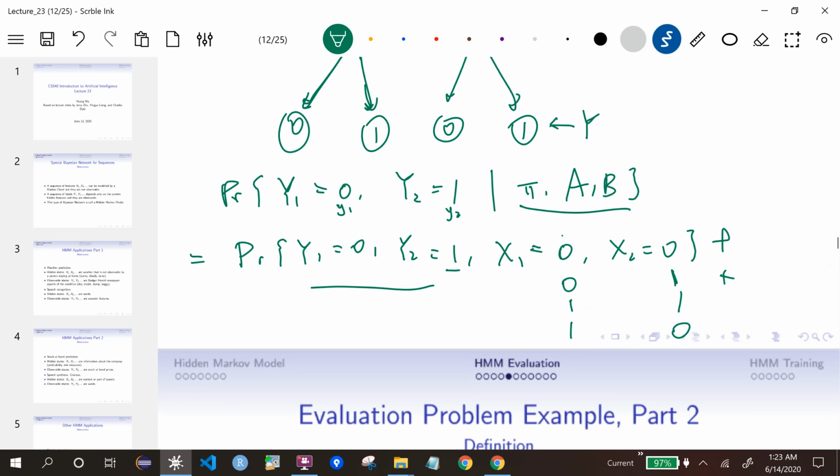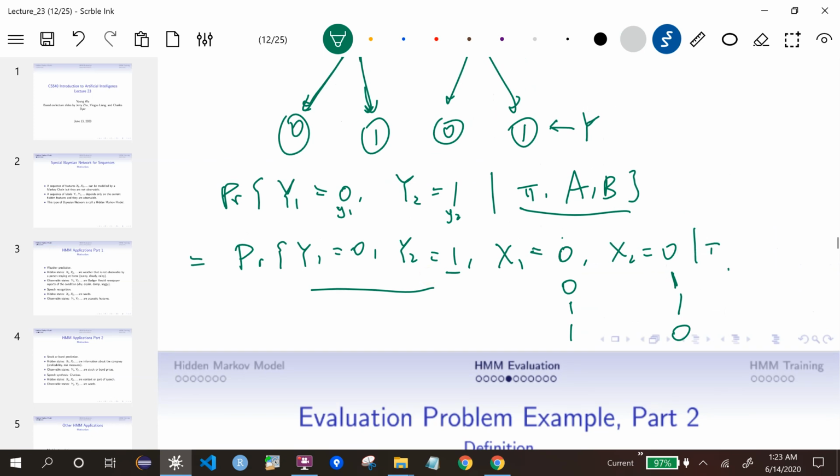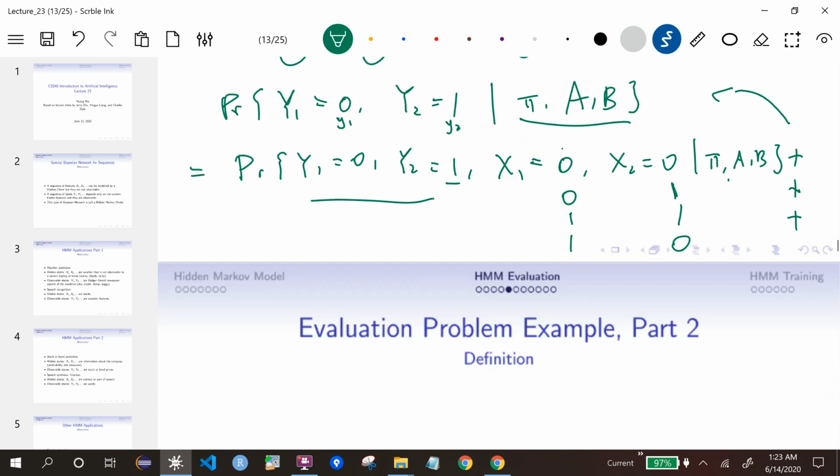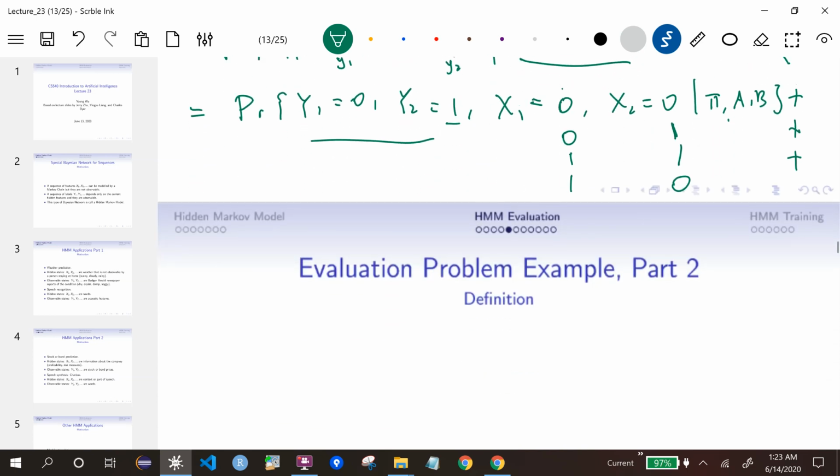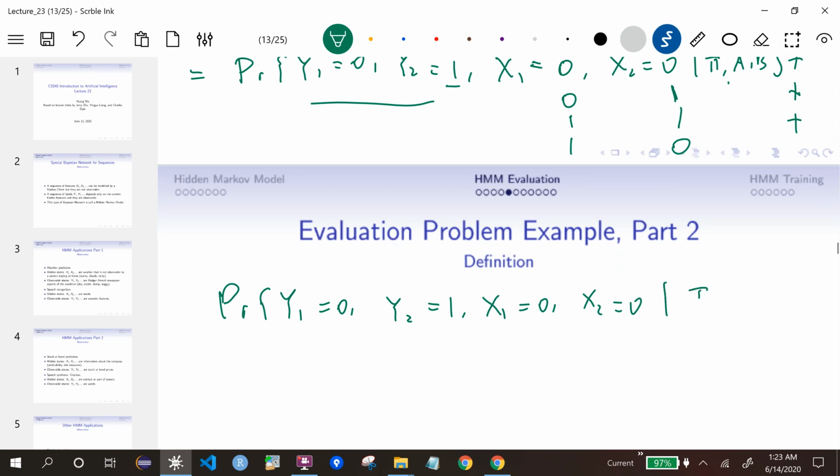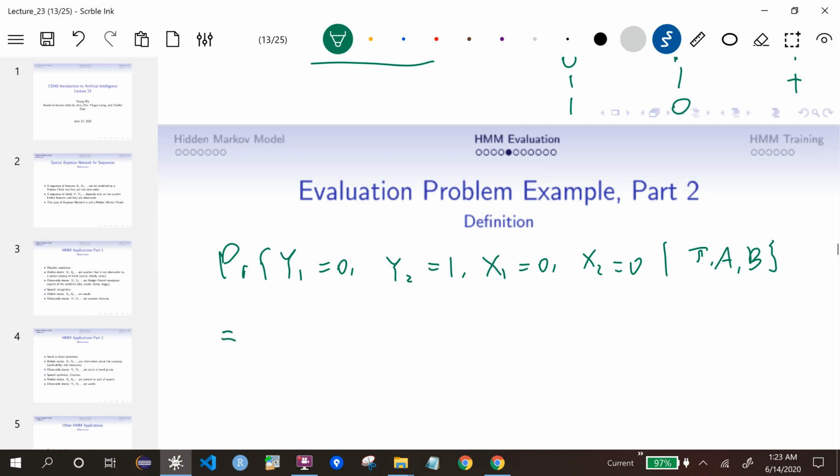For all of these, we are given these probabilities, and we add them up, then we get our total probability. So how do we figure out each one of them? Let's start with the first one, again given the model. Some of them are independent.